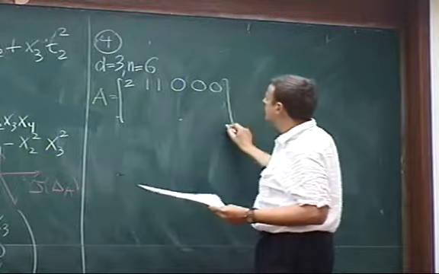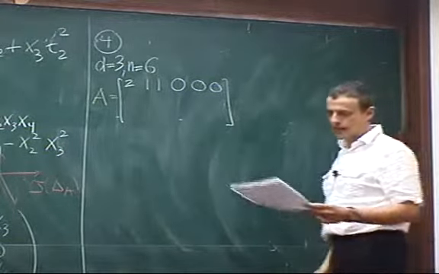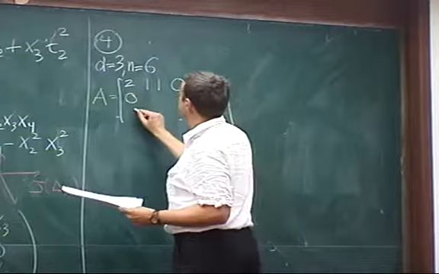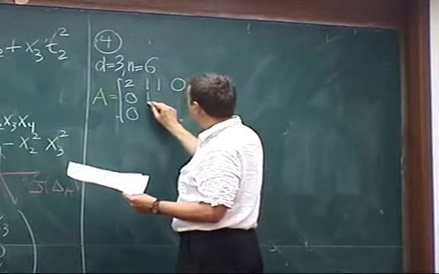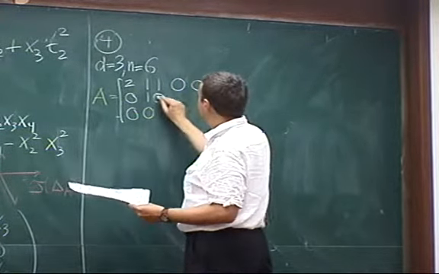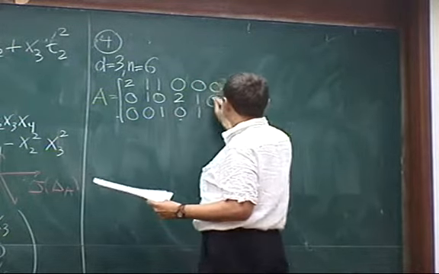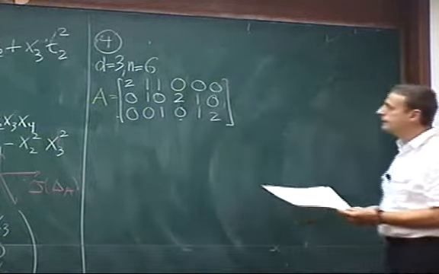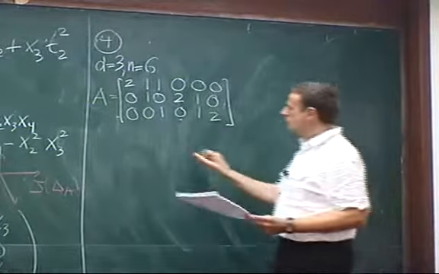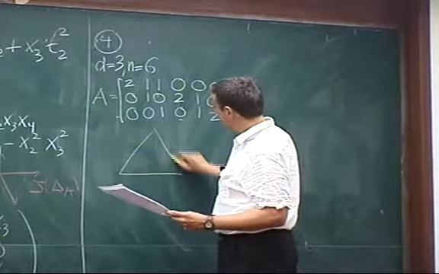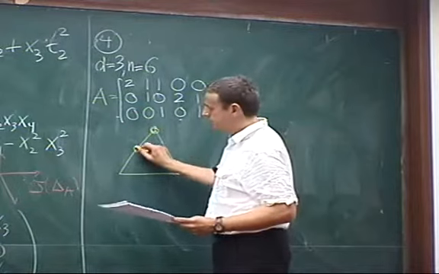I simply take the columns to be all quadratic monomials in 3 variables: 2, 0, 0, 1, 1, 0, 1, 0, 1, 0, 2, 0, and so on. So that's the A. Corresponding picture, if we plot the columns, we get this picture.